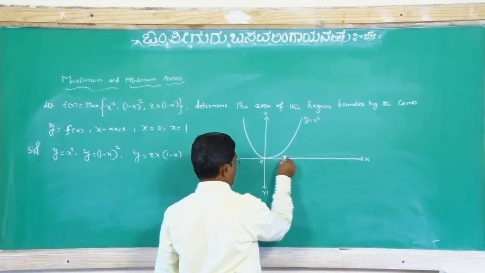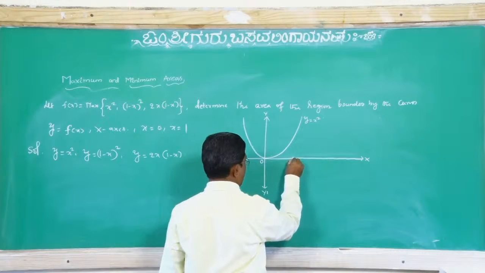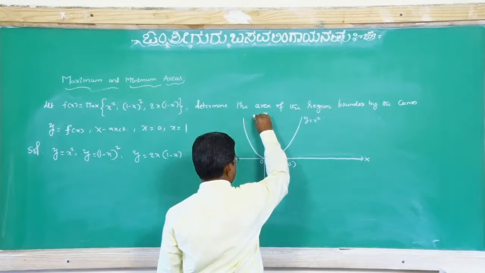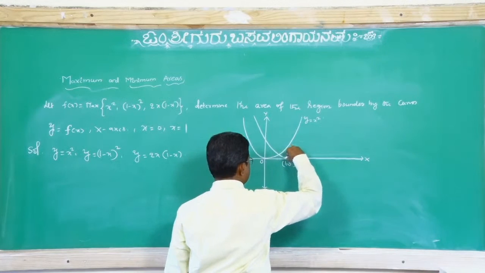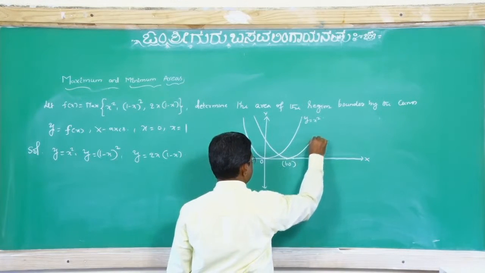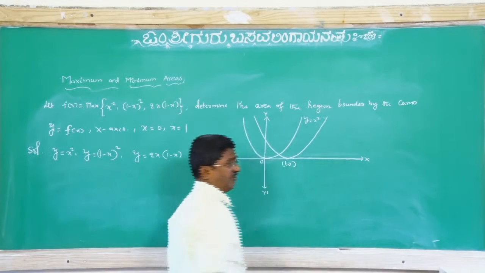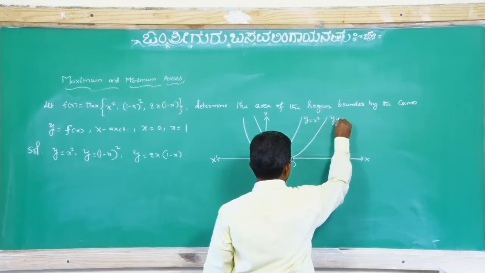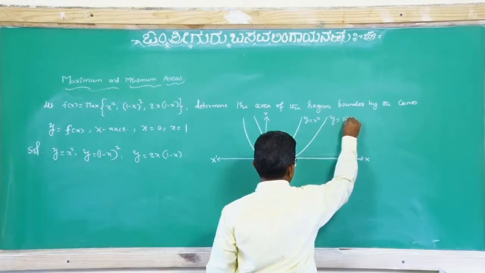Shift the origin from here towards the right hand side by 1 unit distance, or you can write 1 here. This point is 1 comma 0. Now this curve is like this. This is the graph of y is equal to 1 minus x whole square.